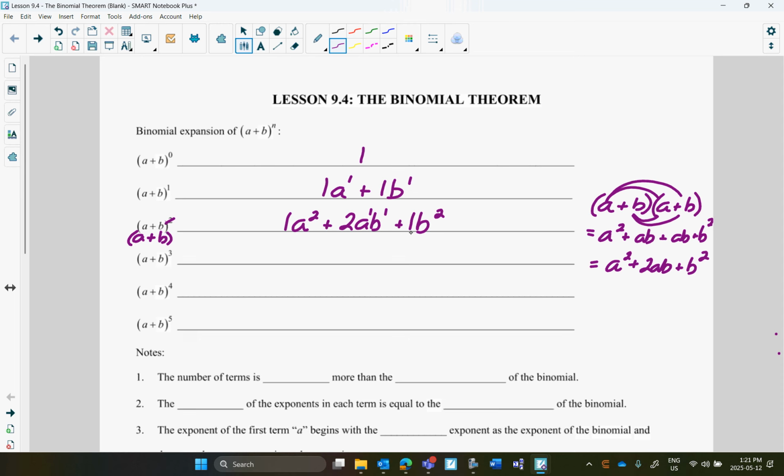How many terms do you think are going to be in the answer? Whoever said 4: like if it's 0, there's 1 term; there's 1, there's 2 terms; it's 2, there's 3 terms. So it's going to be 4 terms.